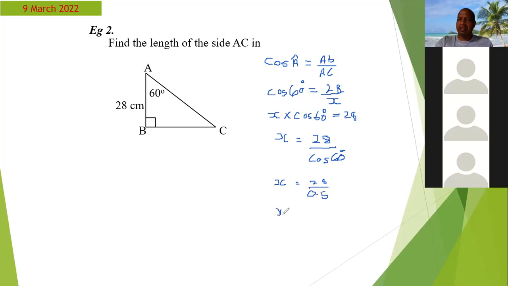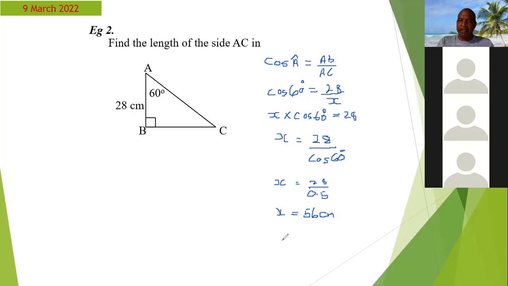So you will get x to be equal to what? 56. All right, exactly 56? Yes, sir. That's what I'm saying. We use the unit in the answer, so we're working with centimeters. So it's 56 centimeters.